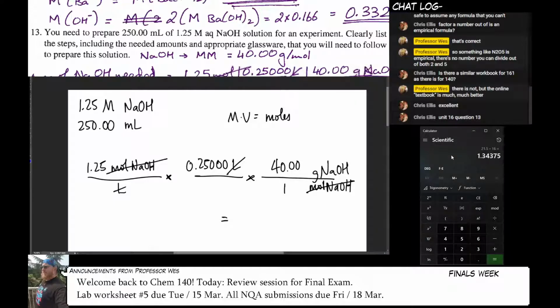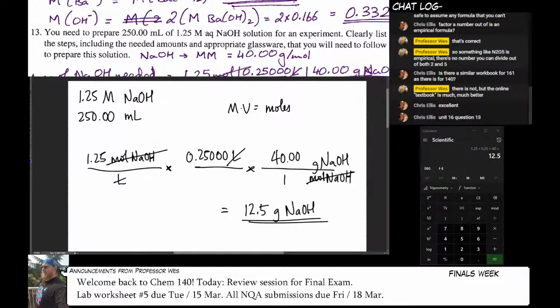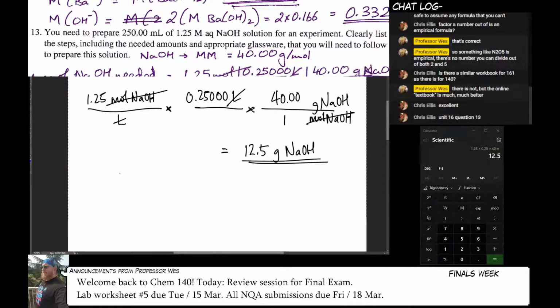There's our calculator. 1.25 times 0.25000 times 40. Oh. Grumble, grumble. All right, so there is our mass of sodium hydroxide.